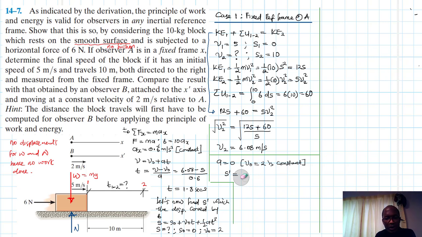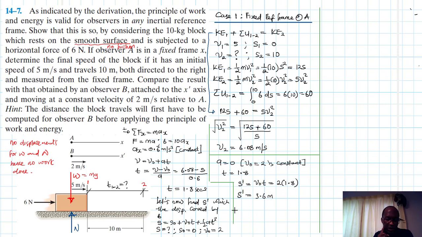The time here, we've calculated the time also. Time is equal to 1.8. Therefore, s prime is just going to be equal to v naught times t, which is 2 times 1.8. Therefore, our s prime is equal to 3.6 meters.